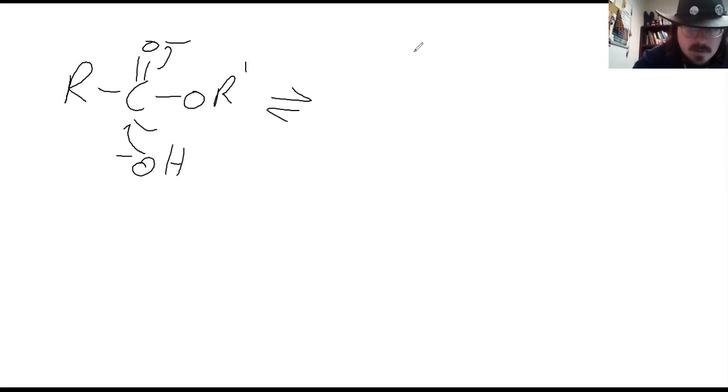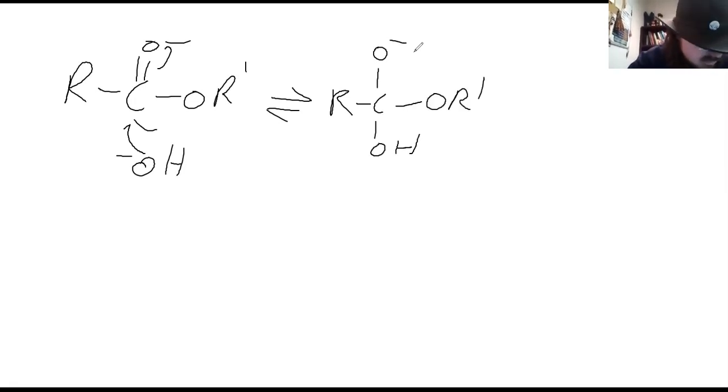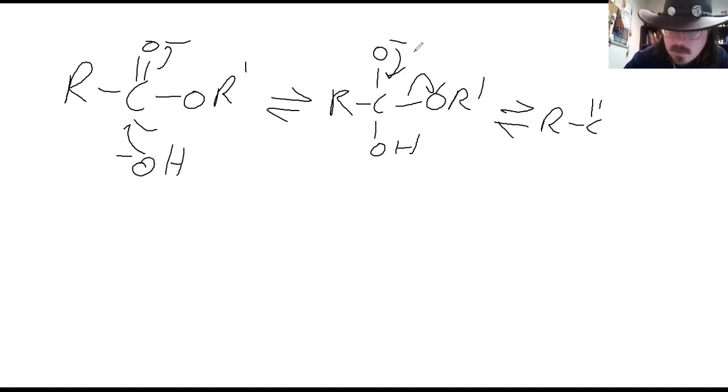We're not going to be drawing any more than 4 bonds to a carbon. There, one pair swims down, kicks that out. Again, it's reversible. So what's to say we don't kick out the hydroxide? Well, we could.